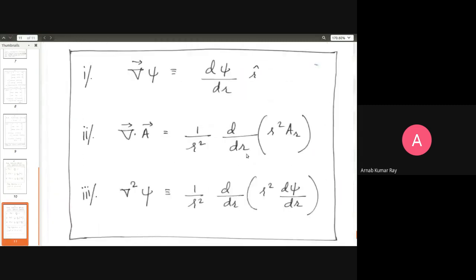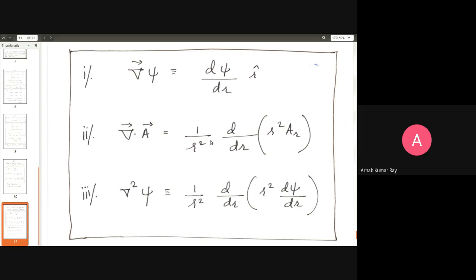Whereas in the spherical symmetry, it is 1 upon r squared, d/dr of r squared, then the component along the r direction. Similarly, here you also have 1 upon r squared, d/dr of r squared, d psi/dr.